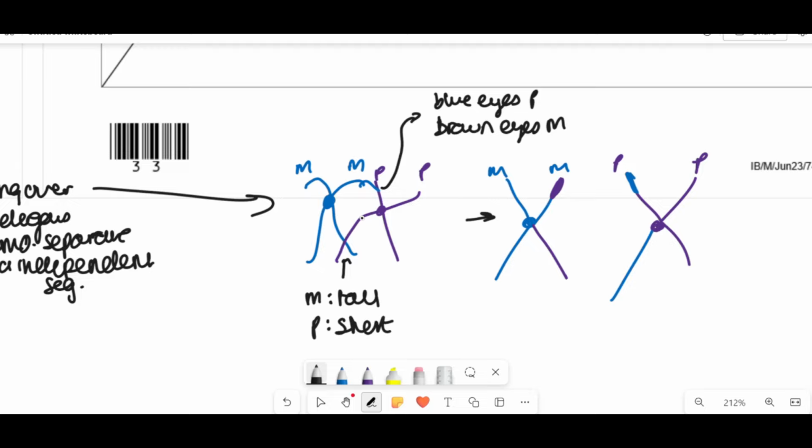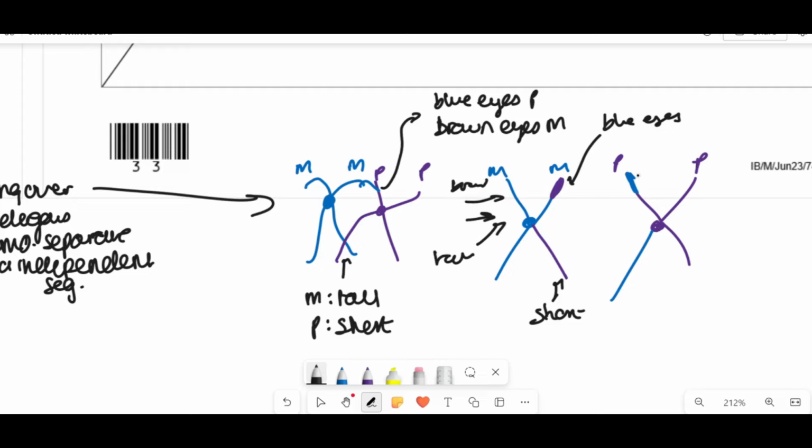Cool? So if we look at the original maternal, remember, maternal was tall and brown-eyed. If we cross over these alleles, now we're getting a whole mixture of stuff going on. Because if we look, can you see how paternal, blue-eyed, is now giving you blue eyes, and this is short. Can you see how that one's not really changed? So that one's going to be brown eyes and tall.